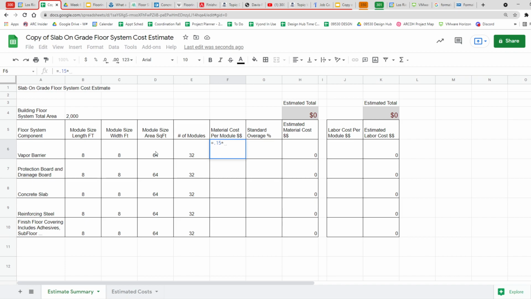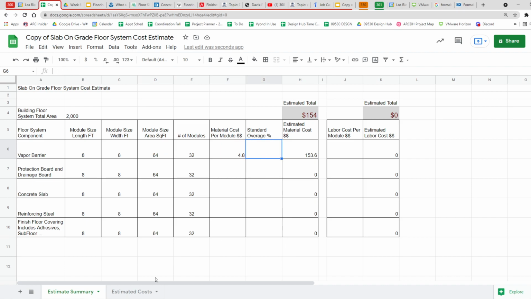I have to multiply it by how many square feet per module. Oh, this is per module, sorry. It's 15 cents times 64 square feet.